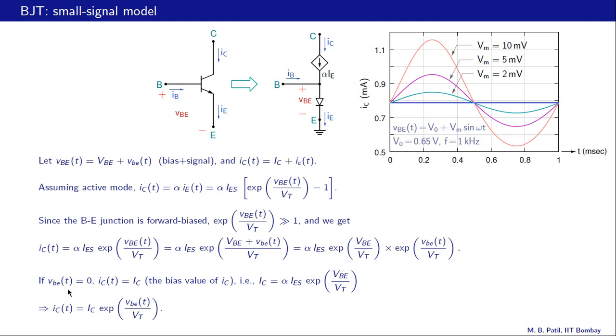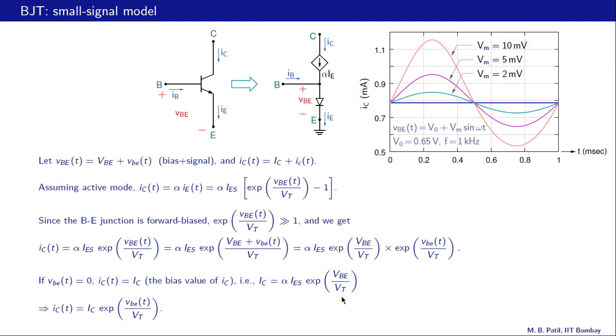So if the signal is 0, then the total instantaneous collector current is the bias value of the collector current, that is capital I sub capital C, the DC part of IC here, which is alpha times IES times e raised to VBE by Vt.